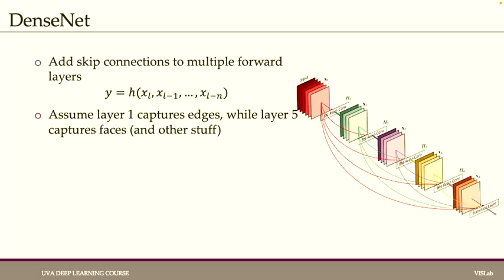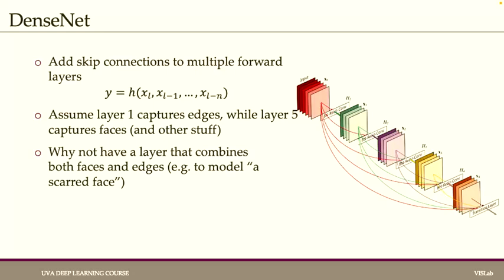So in a very crude example, you could say, okay, can you not have a layer that combines these? For example, that can model a face with a very distinct scar, right? Which would be a layer 1 feature, and a face would be, let's say, a layer 5 feature.